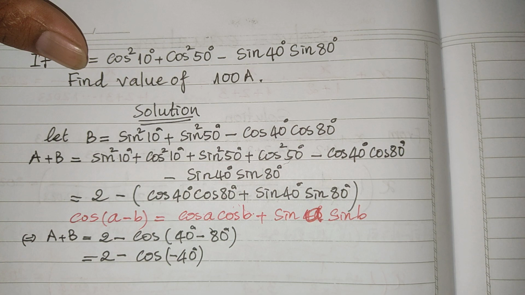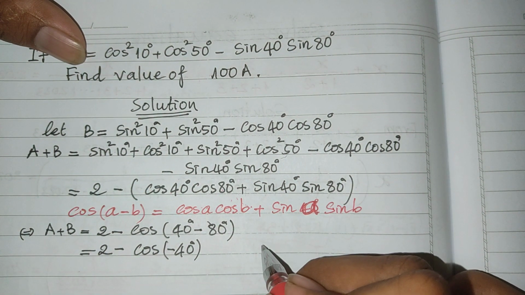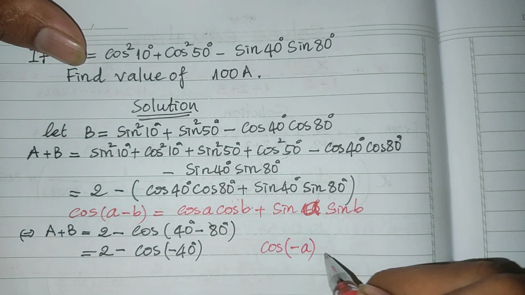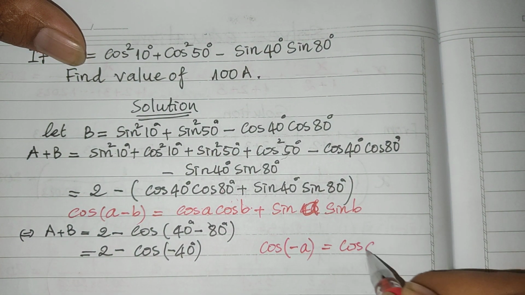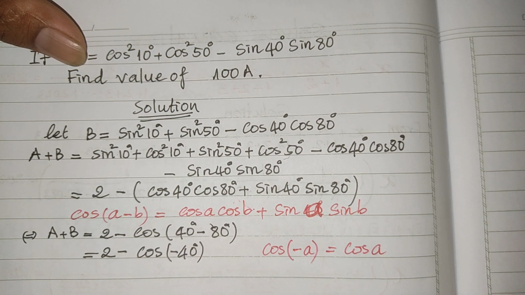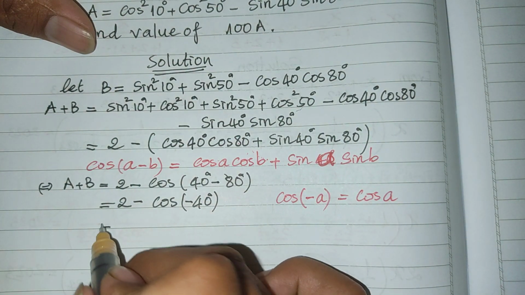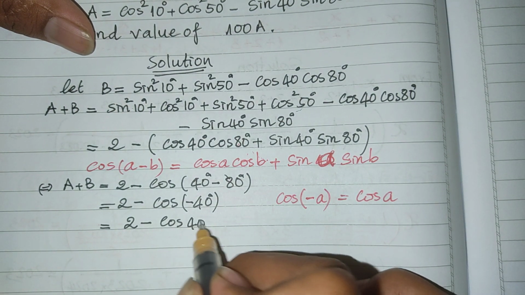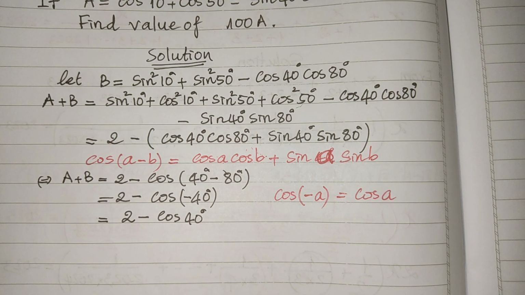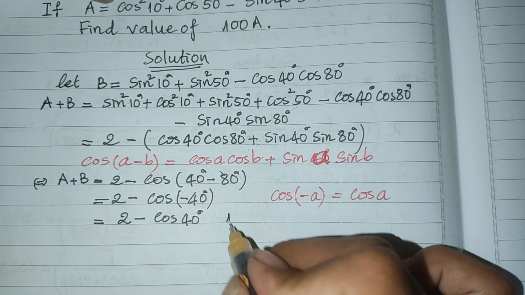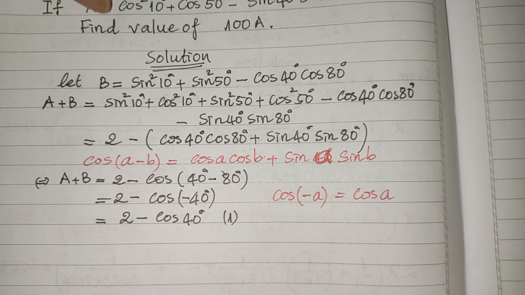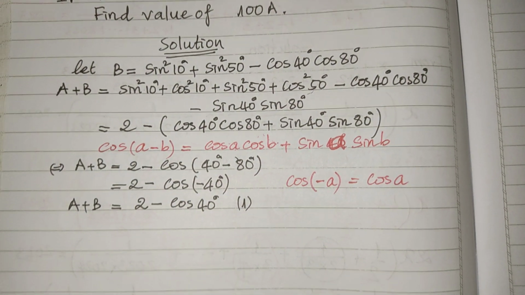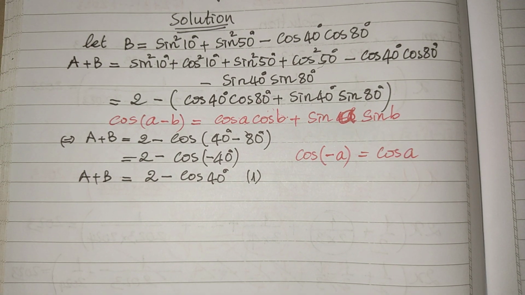And we use the formula that cosine of minus A equals cosine of A. So we get 2 minus cosine of 40 degrees. Okay, I call this the first equation: A plus B equals 2 minus cosine of 40 degrees.